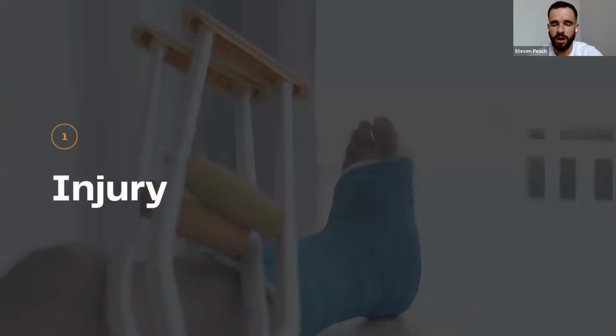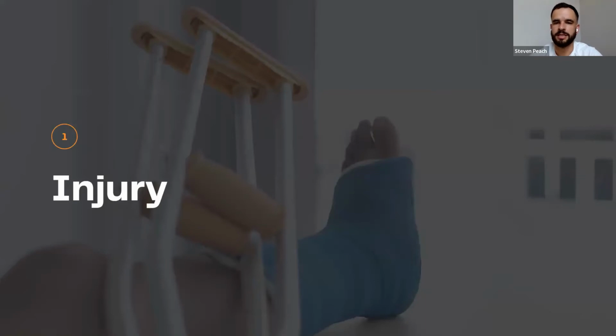Now, there are definite things that can contribute to osteoarthritis. The first thing I want to talk about is injury. Okay. Now, if you've had a significant joint injury, for example, a major ligament tear, so you've torn your ACL, or maybe you fractured a bone very close to a joint, so let's say you fractured your ankle, you are more likely to develop osteoarthritis in that joint.